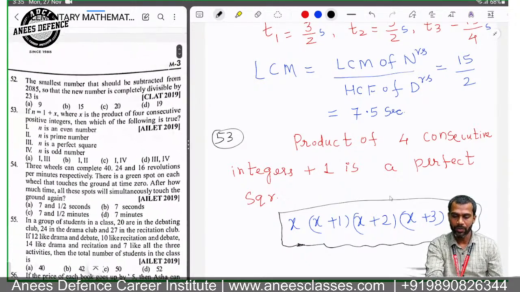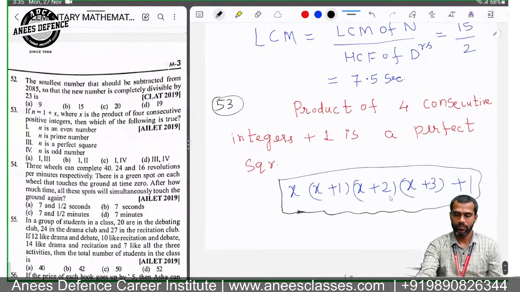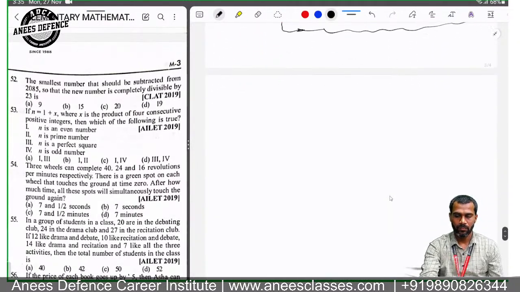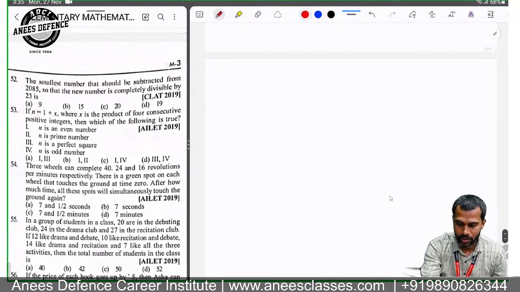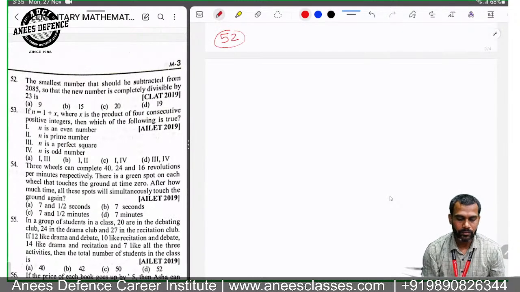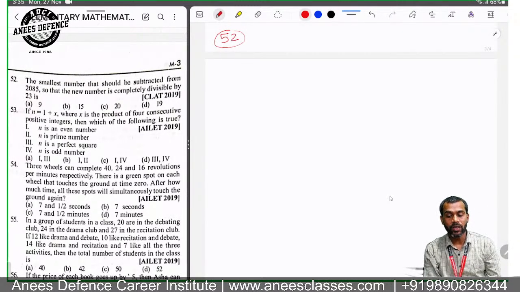Please try question number 52. The smallest number that should be subtracted from 2085 so that the new number is completely divisible by 23. Very easy.